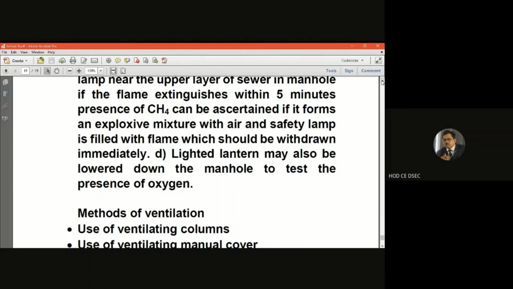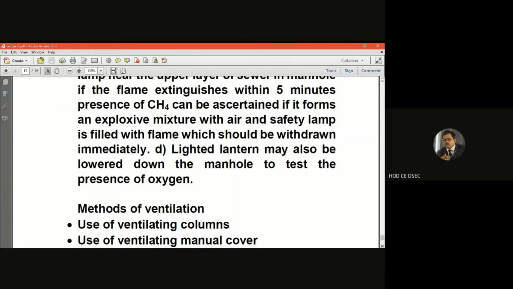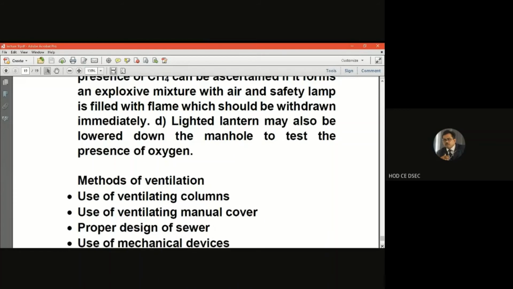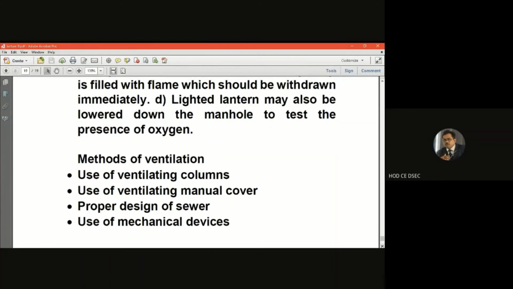Now ventilation has a very important role in the maintenance system. Ventilating column is one of the ventilation processes. What do we mean by the ventilating column?